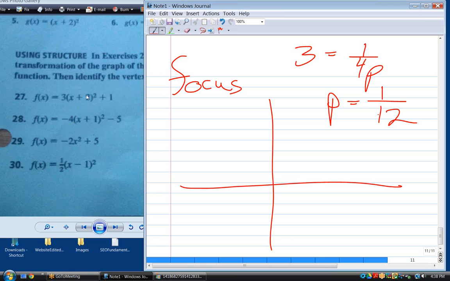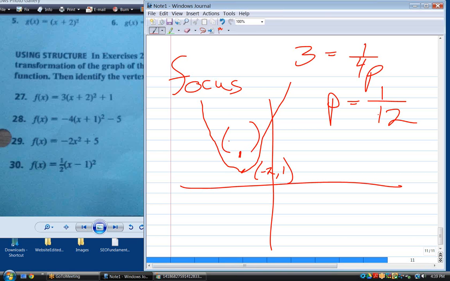First of all, where's the vertex of this thing? (-2, 1). We know it opens up. What are the coordinates of the focus?